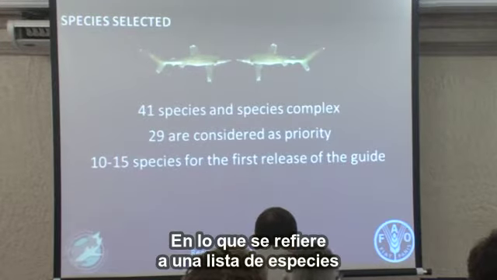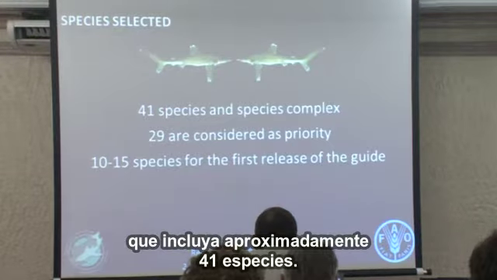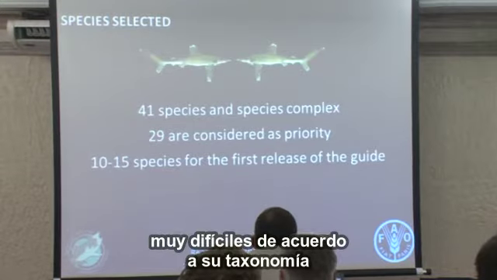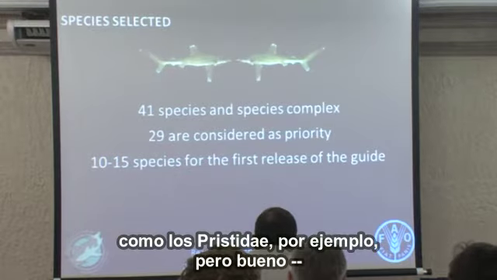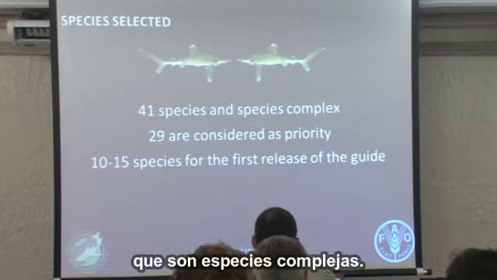So now the situation of our list of species is that we would like to produce a product including 41 species, more or less. Species complexes are species that are very difficult taxonomically at this point, like Pristidae, for example, or Rhynchobatos, or some others.